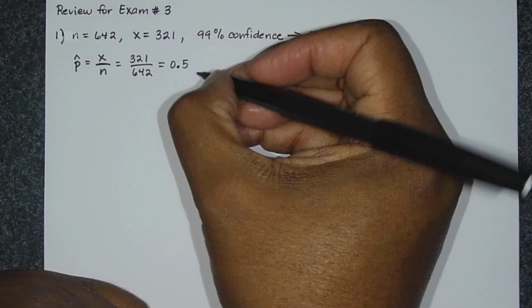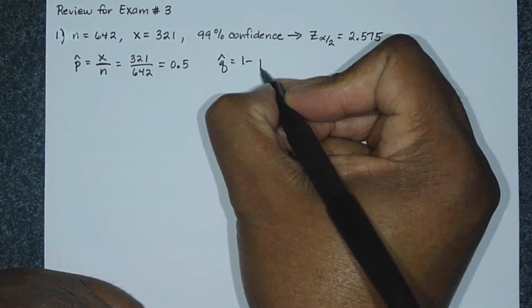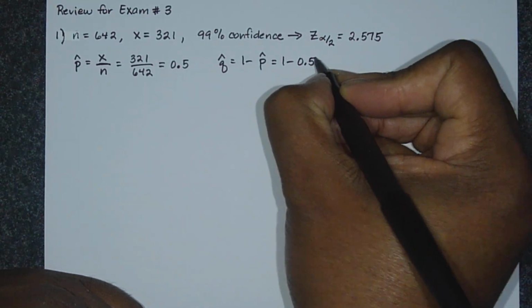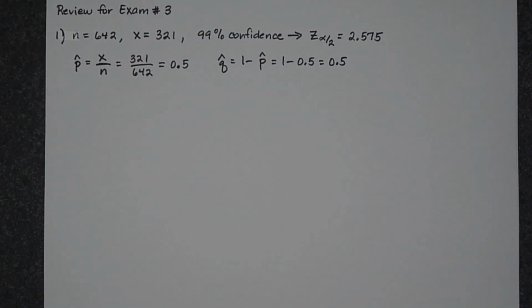And if p hat is 0.5, then q hat will have to be 1 minus p hat. So what's 1 minus 0.5? Also 0.5, okay? So your p hat is going to be x divided by n, if x and n are given, and q hat will be 1 minus p hat.